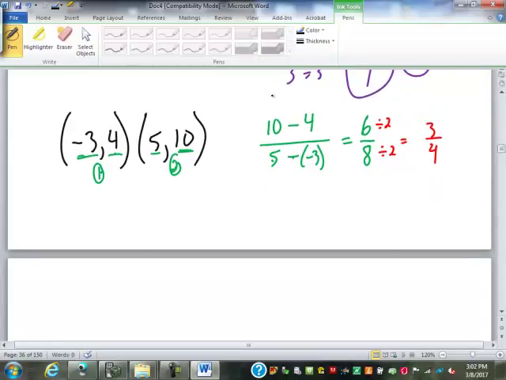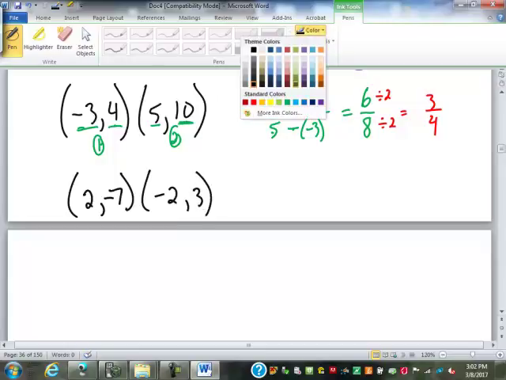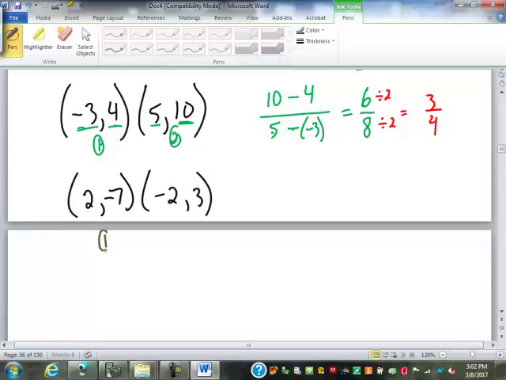Let's try one more and then we'll move on. So let's say that we have 2, comma negative 7, and we're going to negative 2, comma 3. So once again, I'm going to call them point 1 and point 2. What goes first here on top?